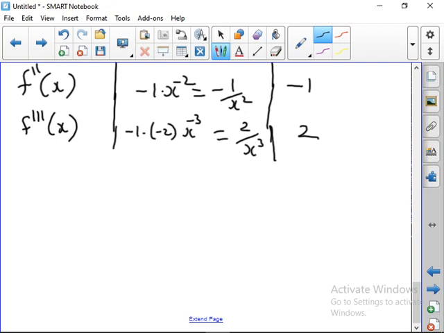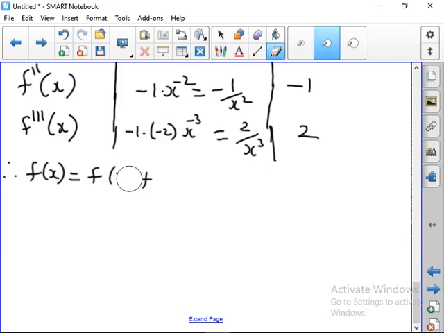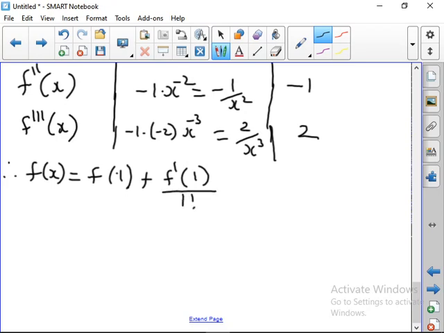Okay. So therefore, f of x is equal to, what is the first one? F of 0 plus, what is the next one? F dash of, here it is not f of 0, here it is f of 1. Okay, because at x is equal to 1. So f of 1. So next one is f dash of 1 by 1 factorial into x minus 1.